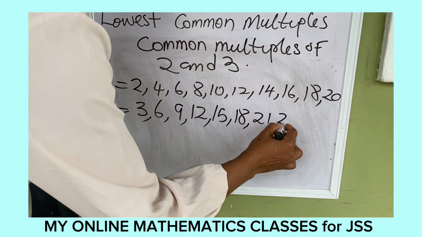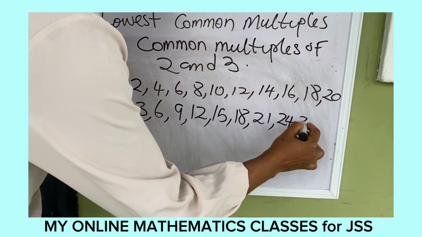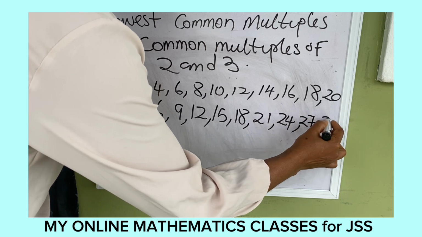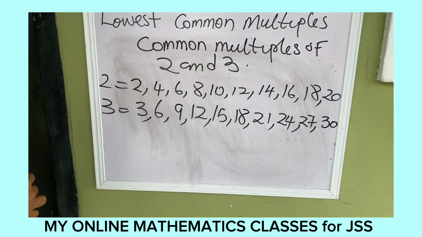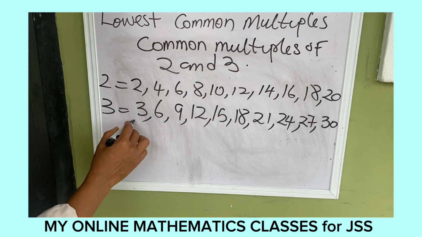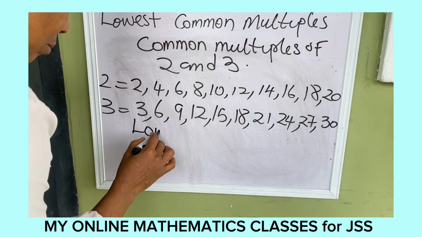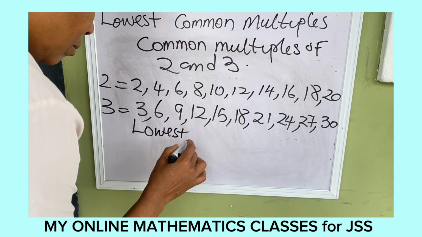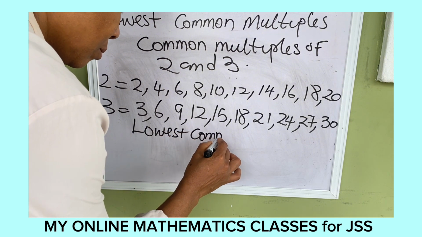Like if you look at 3 now, you have 3, 6, 9, 12, 15, 18, 21, 24, 27, 30. It's more than this. I'm just stopping here for the purpose of our example. There are different methods of solving an LCM, but when you understand what I am doing now, LCM will be very easy for you.